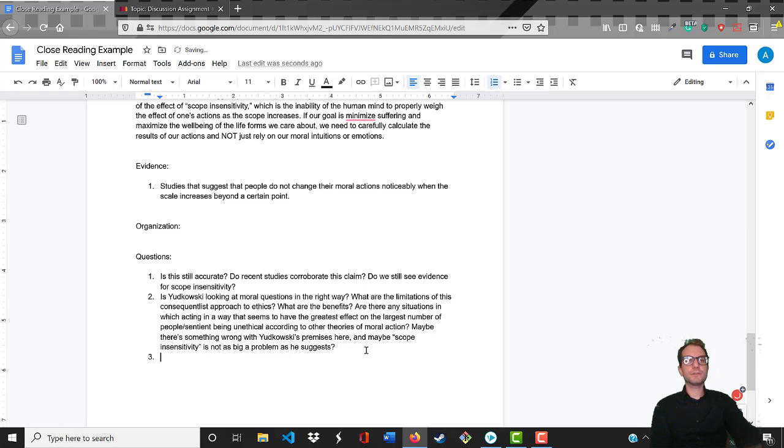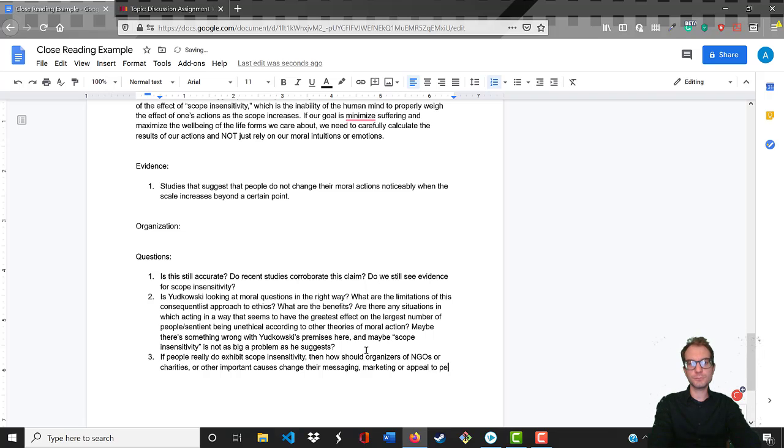Another question that occurs to me is, if people really do exhibit scope insensitivity, then how should organizers of NGOs or charities or other important causes change their messaging, marketing, or appeal to people?